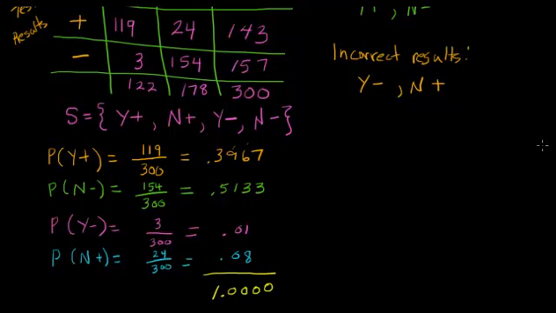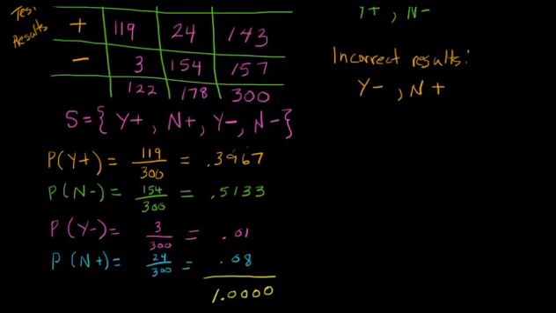Okay, and then another thing we mentioned was that we consider an event to be unusual if that event has a probability less than or equal to 0. So looking at our events here and their probabilities, we note that the probability that someone used marijuana but tested negative, it didn't show up in the test that they had, is 0.01.